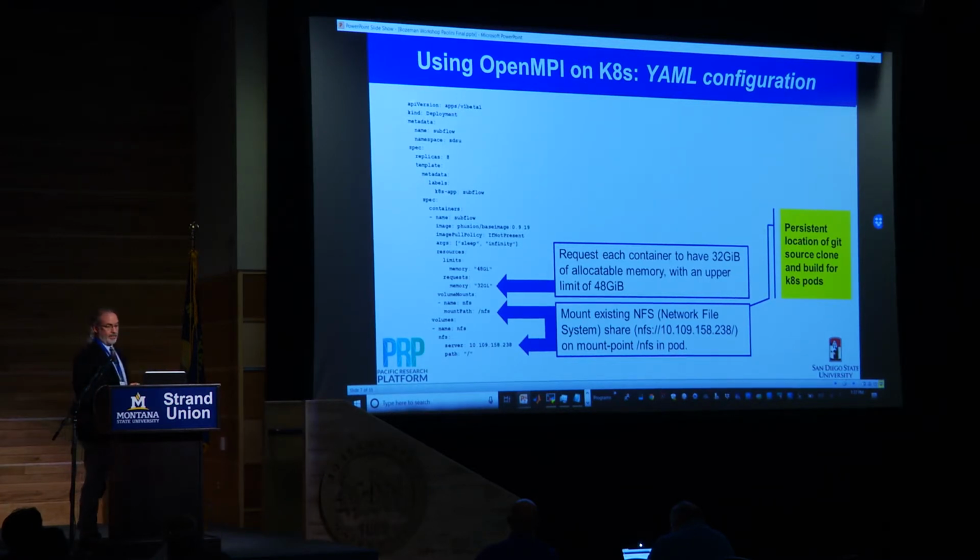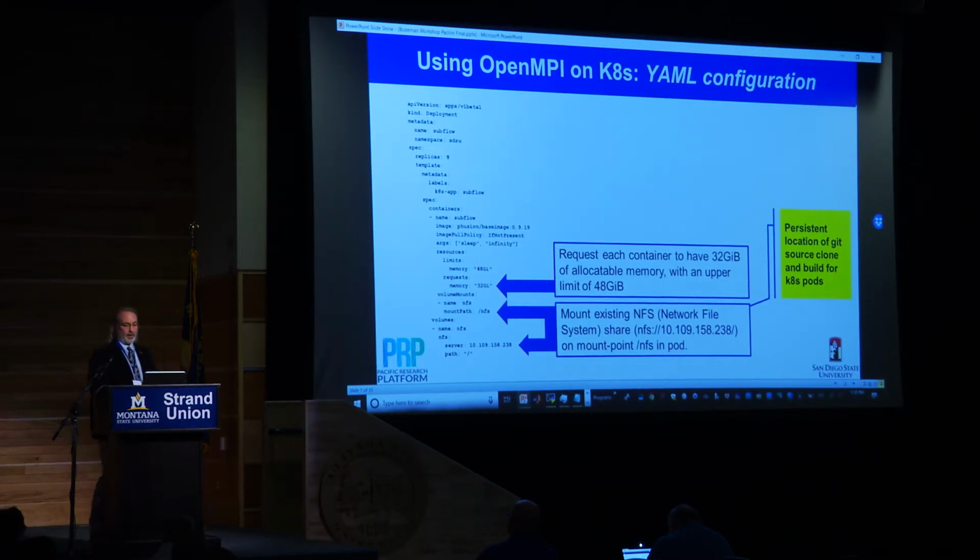The other thing is your code that you work on, you're going to have to compile it on one of the pods to run it in that architecture. So you want to have a persistent storage, like I'm using NFS here. And this is where you specify your persistent storage. External to the container, yeah. To the cluster, right.